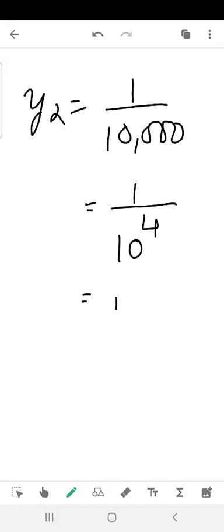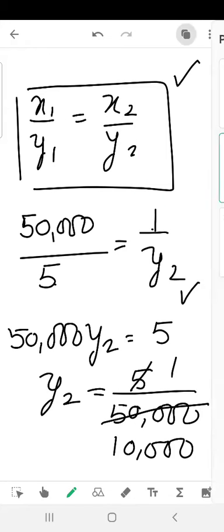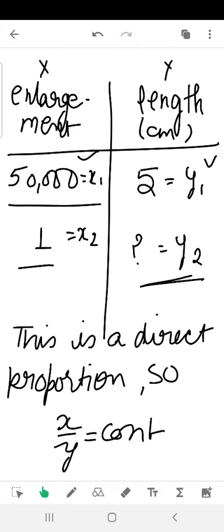And this can be written as 10 to the power minus 4, because when you move it up to the numerator, the sign of the power will change. So the value of y2 is 10 to the power minus 4. That means the actual size of the bacteria is 10 to the power minus 4. Okay, so this is the first part of the question.